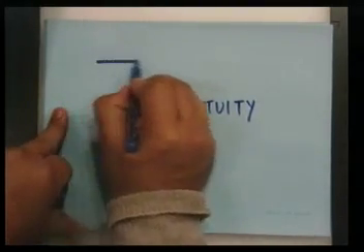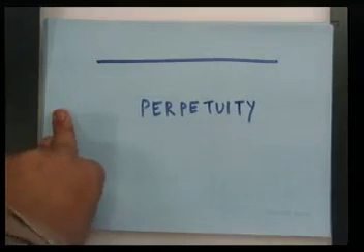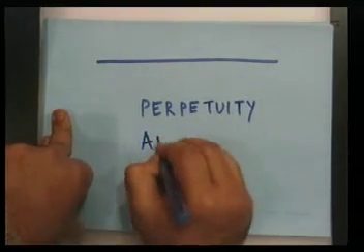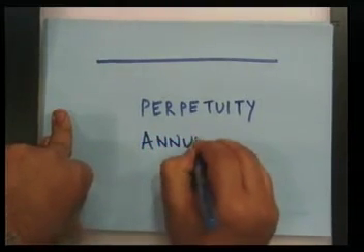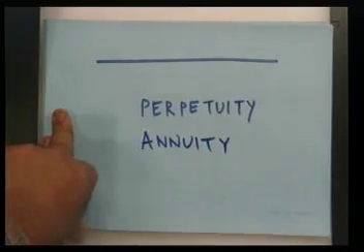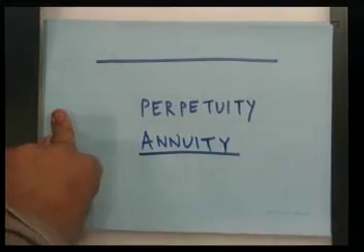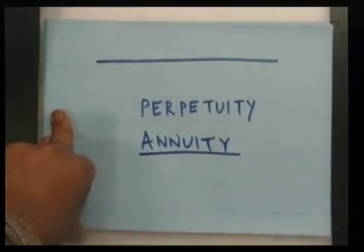What is the difference? Annuity is for a finite period. If you remember, in previous classes we discussed annuity. This term annuity is for a finite period. The same amount is either received or paid for a finite period.